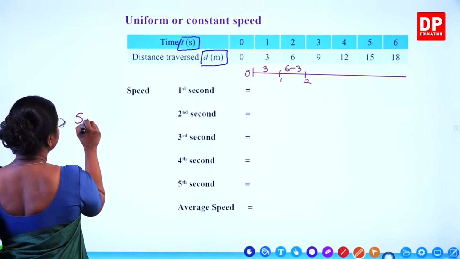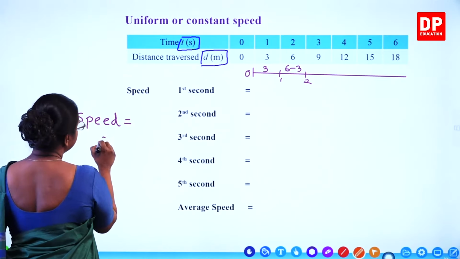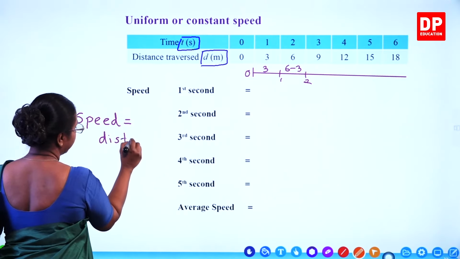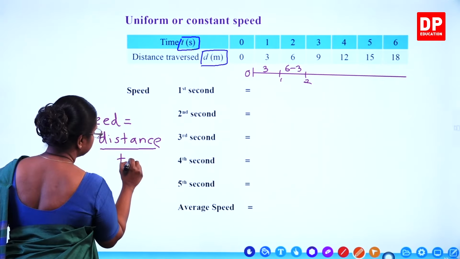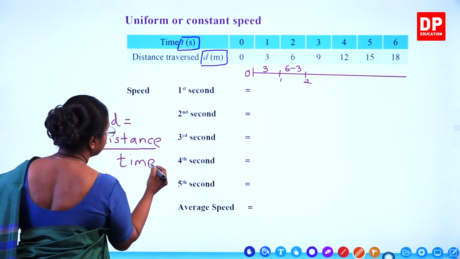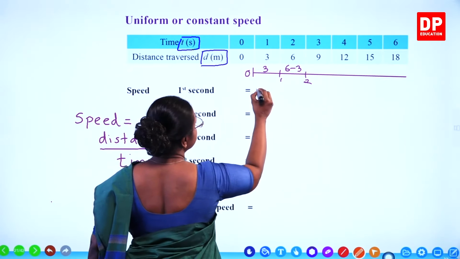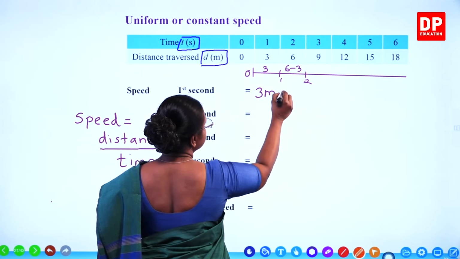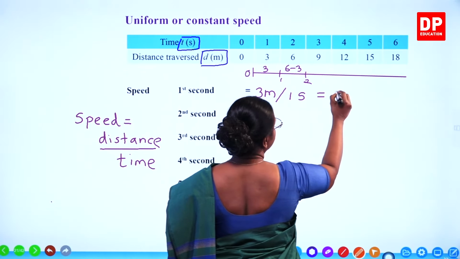Always speed equals distance over time. So in the first second, the distance is 3 meters divided by 1 second.